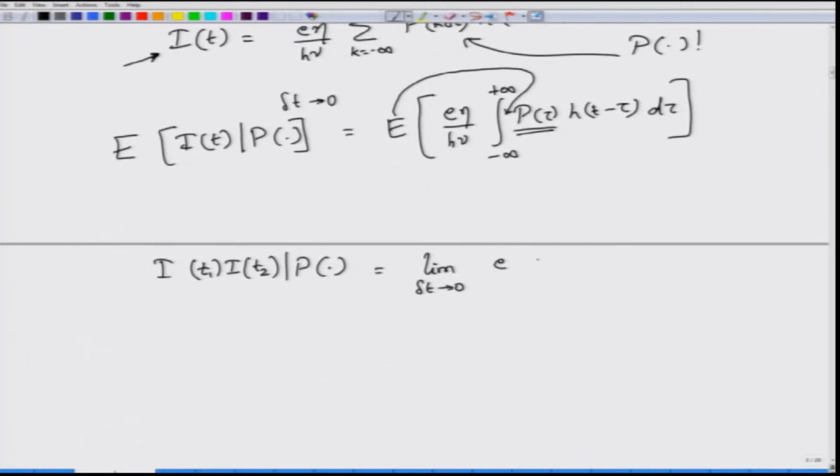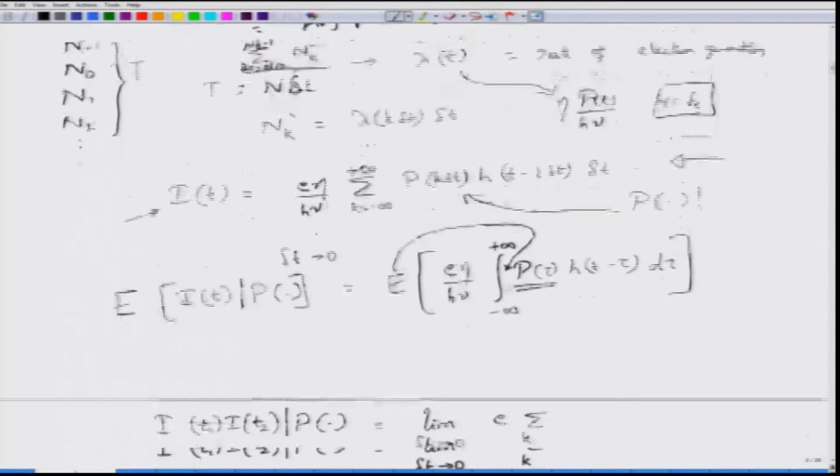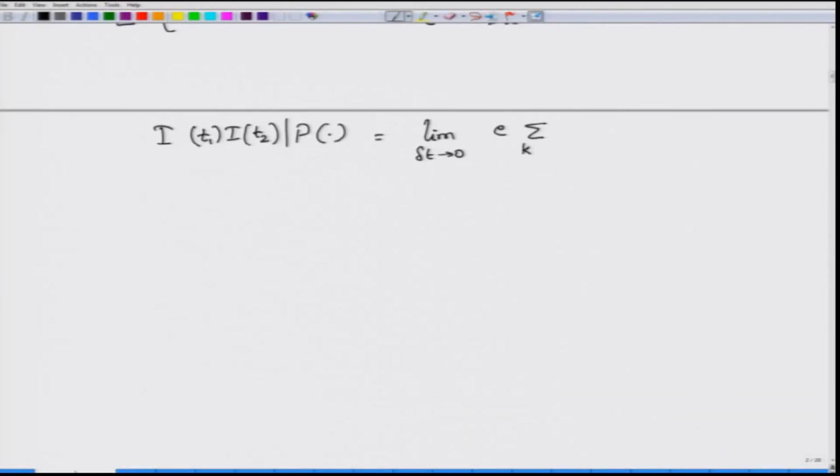Before we go to the case of lambda, let us go to the first notation. I have to look at this shot noise expression evaluated at times t1 and t2, which are considered to be 2 different times. There is no relationship between t1 and t2; later we will see a relationship that we want to impose. So, here you get E of the summation over k of n k h of t1 minus k delta t.